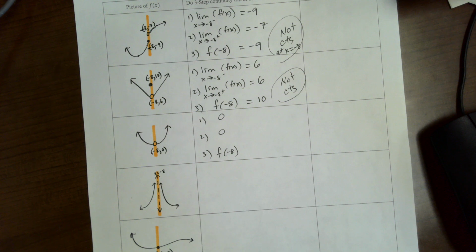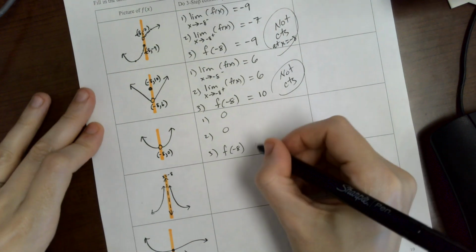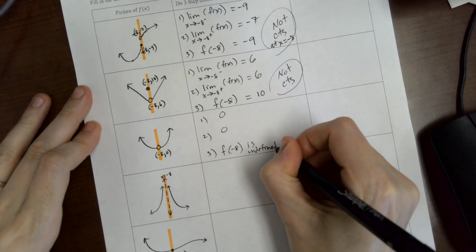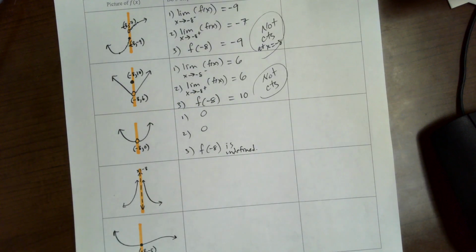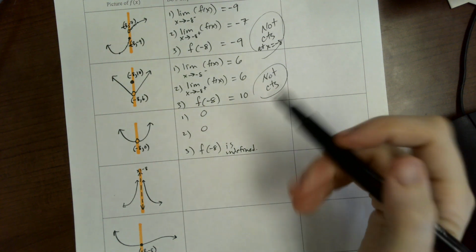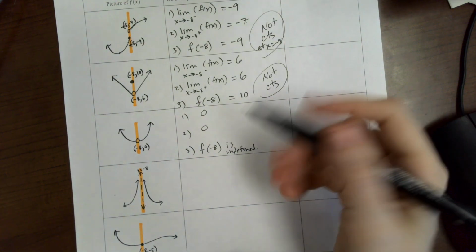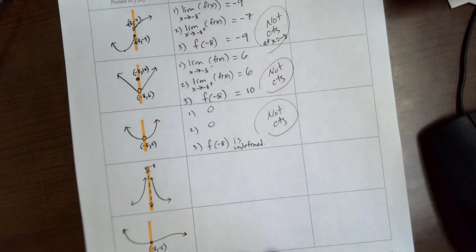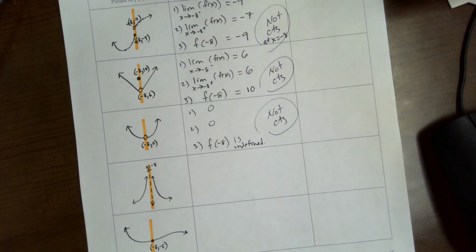There is no closed circle, guys. So f of -8 is undefined. If there's no graph at the x value, then the graph is undefined there. So, again, this is not continuous. We would have had to get 0 for that last one.